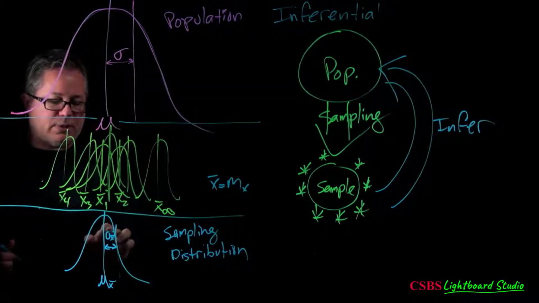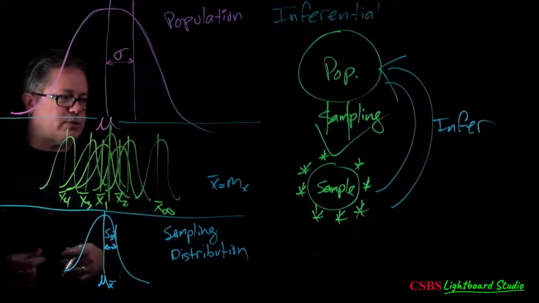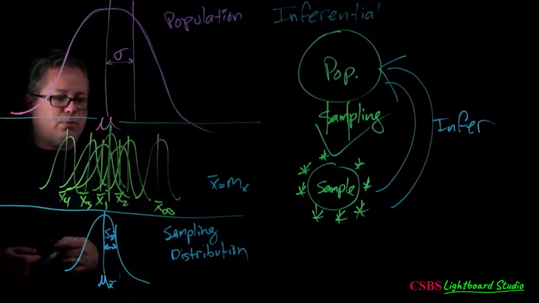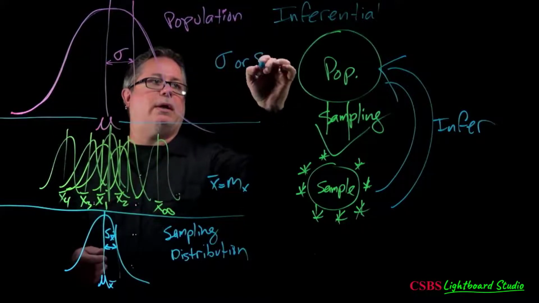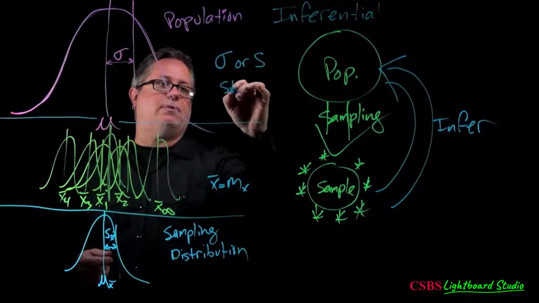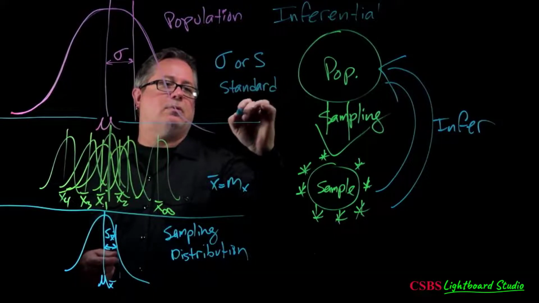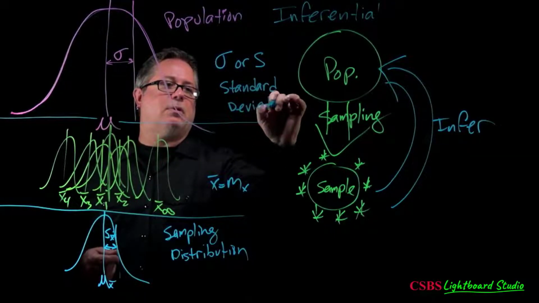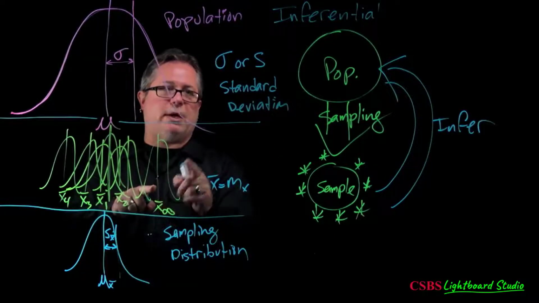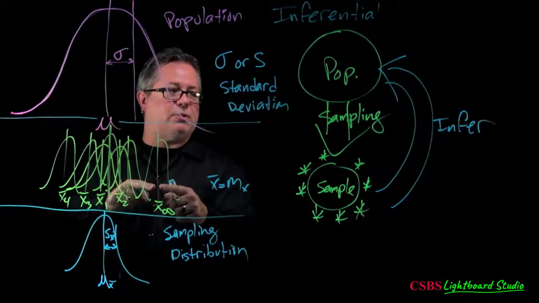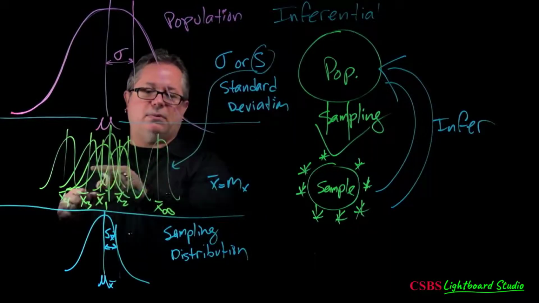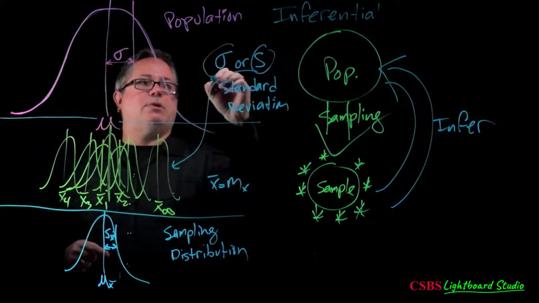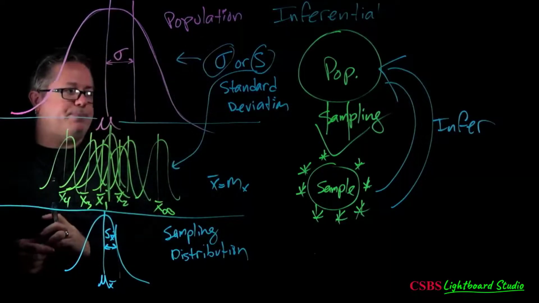And you oftentimes will see this written out as just S sub x bar to refer to the fact that it's sampling. So whenever you see a sigma or an S, we're referring to standard deviation. That's referring to the scores. The S is usually referring to the scores in a single distribution. So the S here refers to the spread in each sample, where the sigma refers to the population.